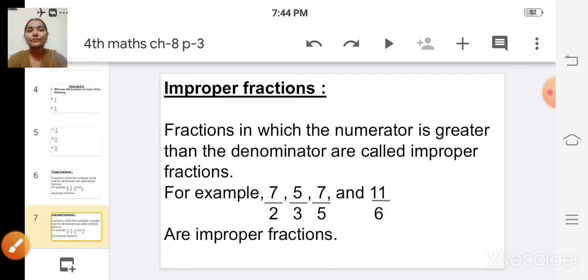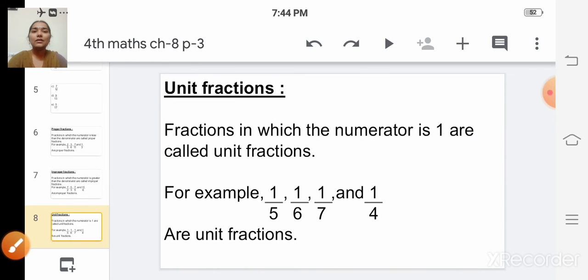The next one, unit fractions. Fractions in which the numerator is 1 are called unit fractions.